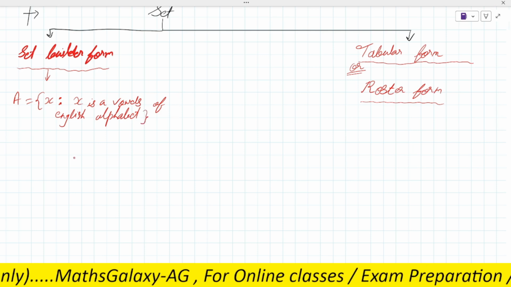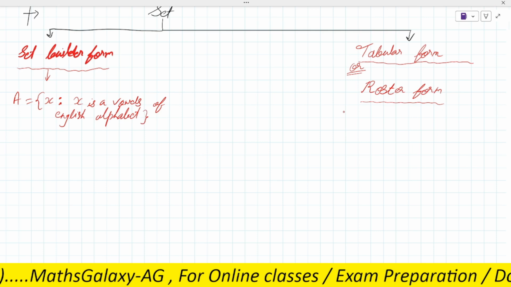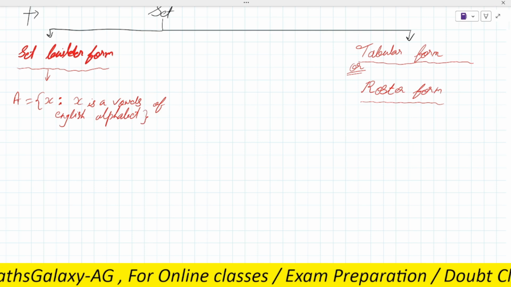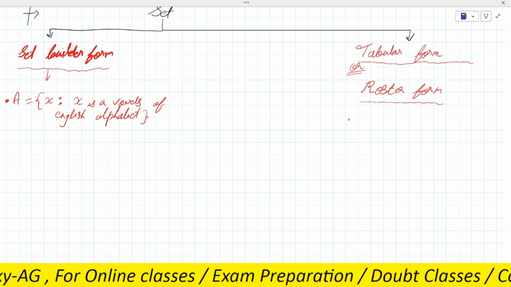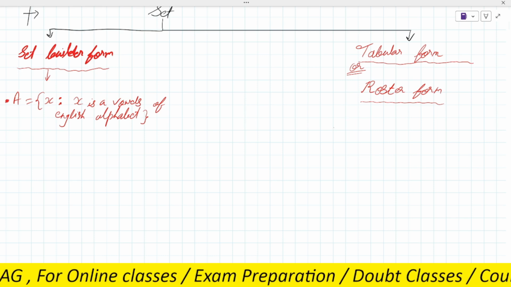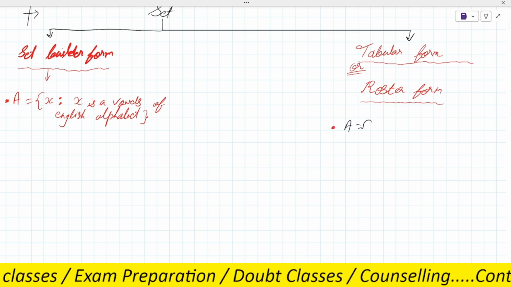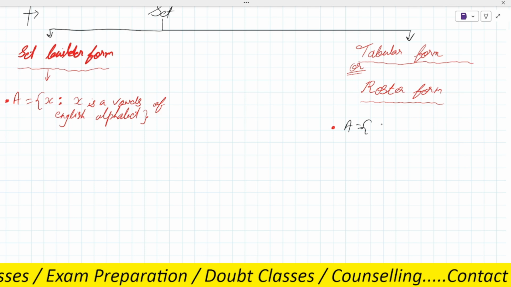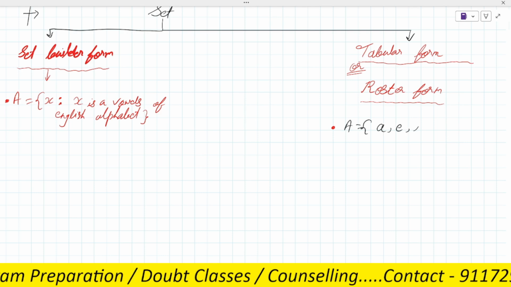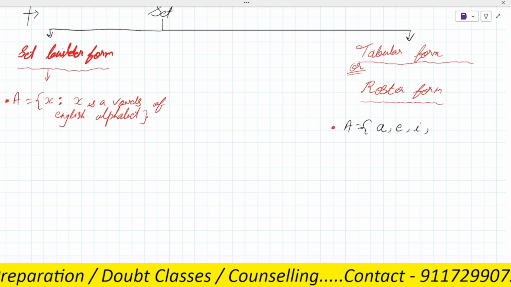Like this. In tabular or roster form, the same thing will be written as A equal to, and here we write the elements. What will be the elements?